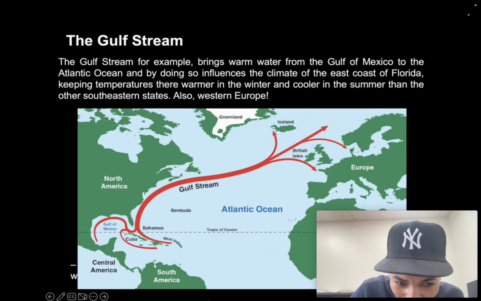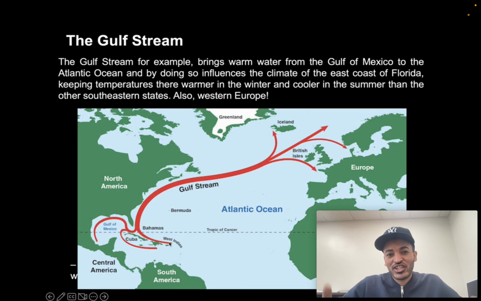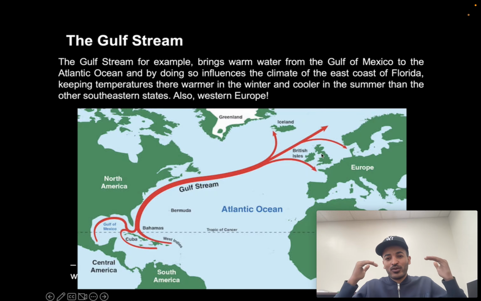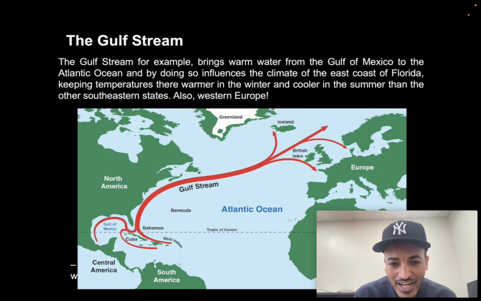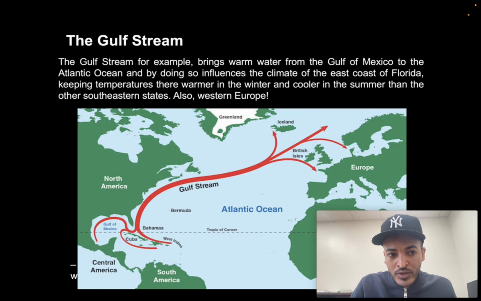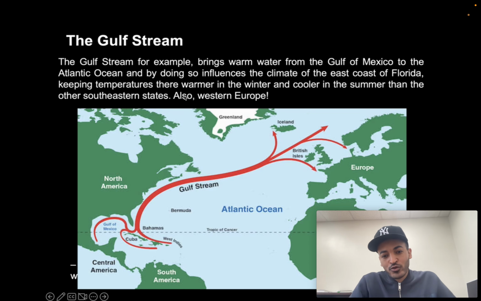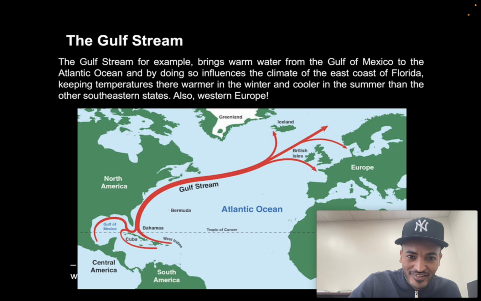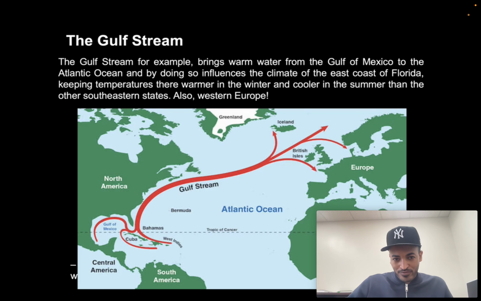What the Gulf Stream does is it transports warmer water from the Gulf of Mexico to the Atlantic Ocean, right? Basically the purpose of the ocean is that it redistributes energy. It redistributes heat, right? Along the way, it brings warmer water closer to continental Europe, depending on the intensity of the Gulf Stream, right?